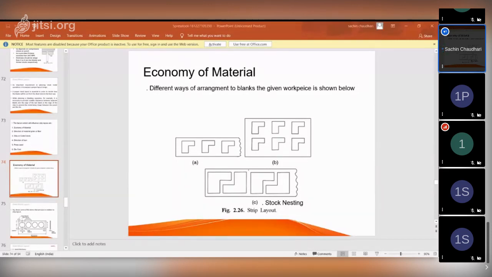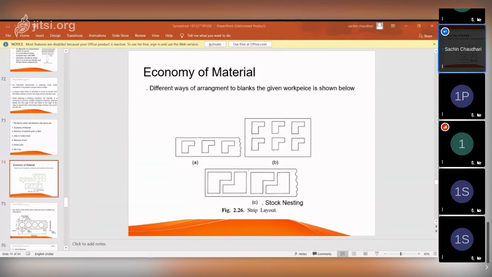Okay, so to prevent the scrap from twisting and wedging between the punch and die, the distance must be increased with the material thickness. And how much you can increase, the thumb rule says it is at least 1.5 times your metal thickness. Okay, so remember this thing.